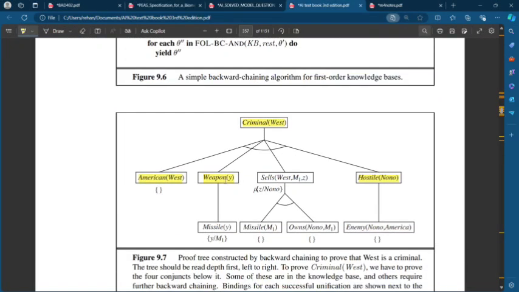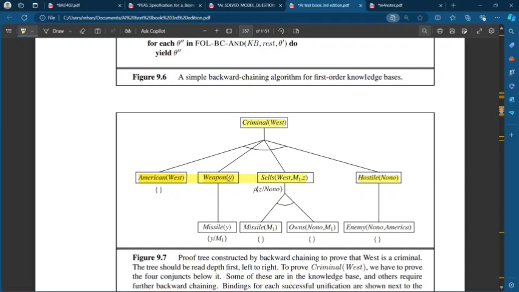So we are saying West is American, then there is some weapon Y, and West should sell this weapon Y to some country Z.